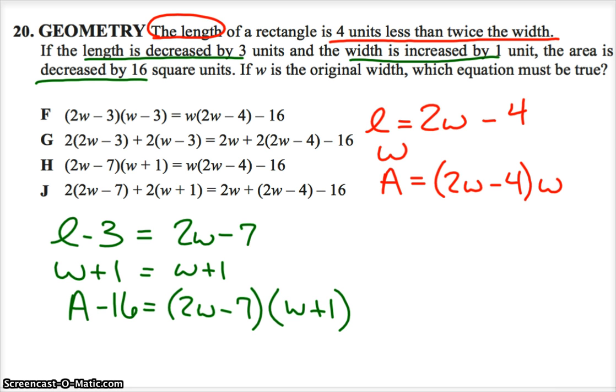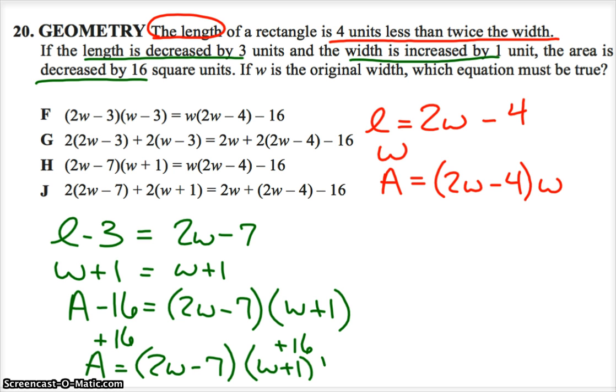Ultimately, though, we want the areas to be solved for. So we're going to add 16 to both sides here, and you see that the area now is equal to 2W minus 7 times W plus 1, plus 16. The next step is to set the terms equal to each other.